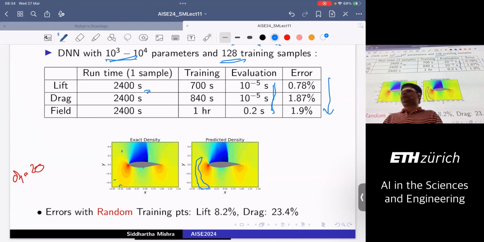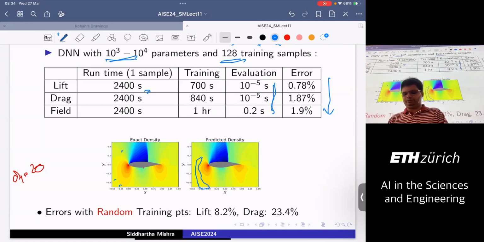So you compute the flow field and then you do the evaluation, and this takes you 40 minutes. But once you have the trained neural network, it takes you no time, not even 10 microseconds, 10 to the power minus 5 seconds. For the whole field, it took a little bit longer, but it's still of the order of 1 over 100, 1 over 10 seconds. The whole field means you have to fill in every single point.